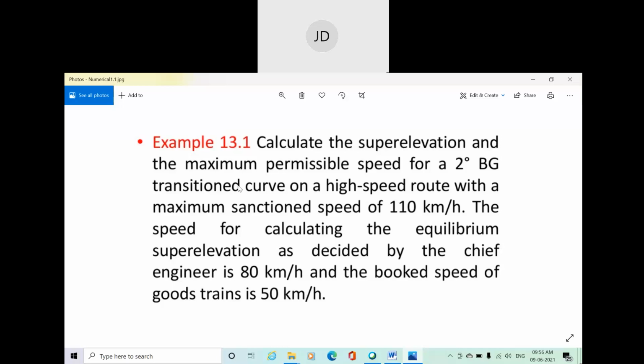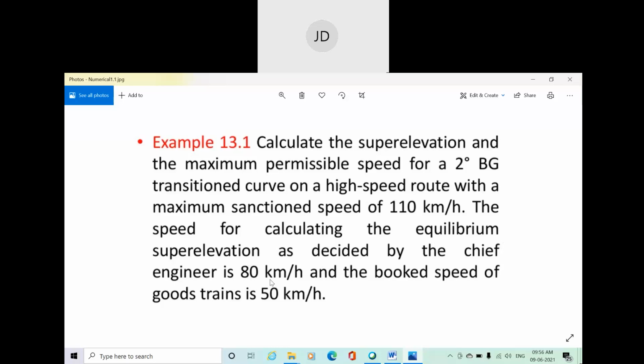So as per the competent authority, the sanctioned speed of the train is decided as 110 km per hour over this 2-degree broad gauge transition curve, and you need to find out the super elevation and the maximum permissible speed. The speed for calculating the equilibrium super elevation as decided by the chief engineer is 80 km per hour.